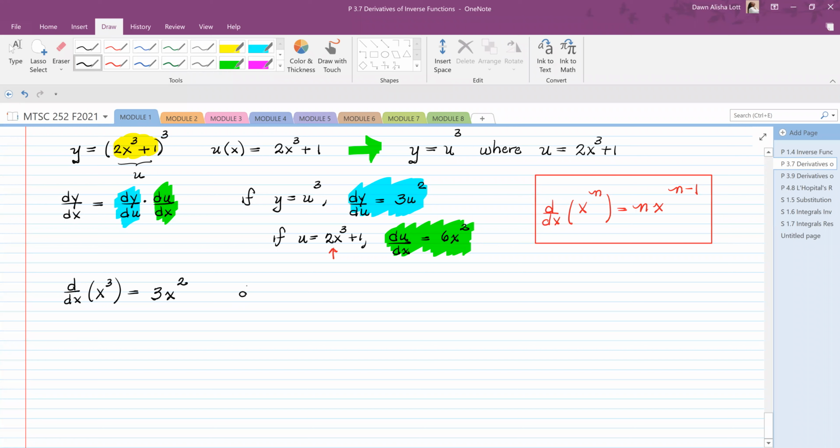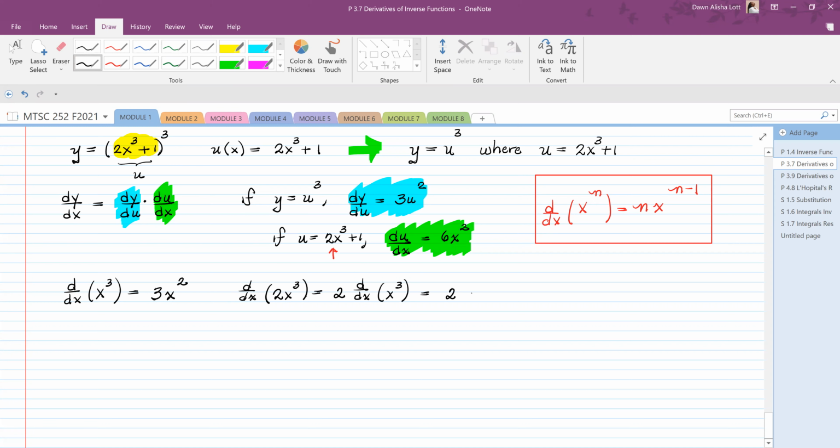That means that the derivative with respect to x of 2x cubed says I can bring the 2 out and get the derivative with respect to x of x cubed.